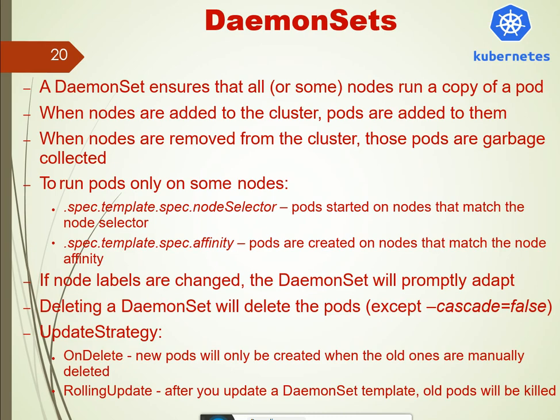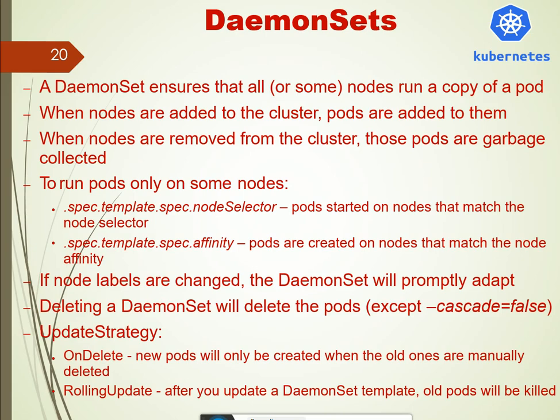To run pods only on some nodes, use spec.template, spec node selector: the pod is started on nodes that match the node selector, and spec affinity: pods are created on nodes that match the node affinity. If node labels are changed, the DaemonSet will promptly adapt.